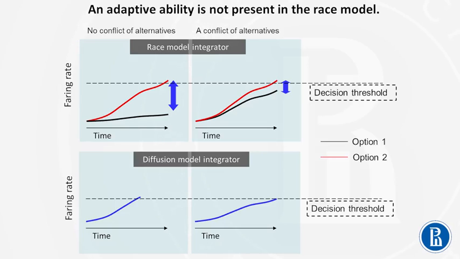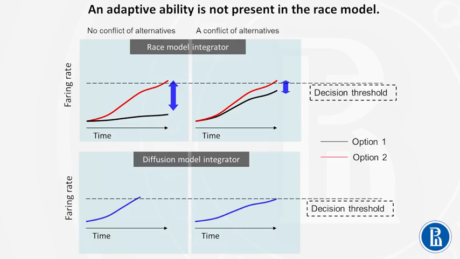Decision-making neurons, according to the race model, will gradually increase activity proportional to the evidence for the alternatives, both for the situation when there is no conflict of alternatives and for the situation when there is conflict. Basically, the fastest neuron will win the race, and since this neuron is not affected by the alternative, the reaction time will be the same in both conditions.